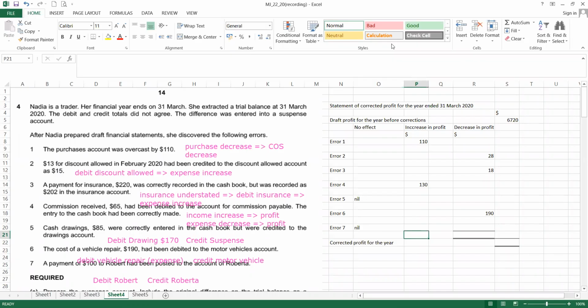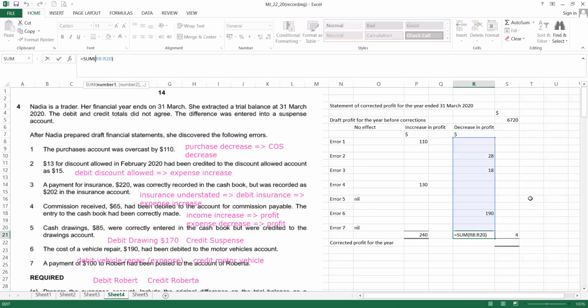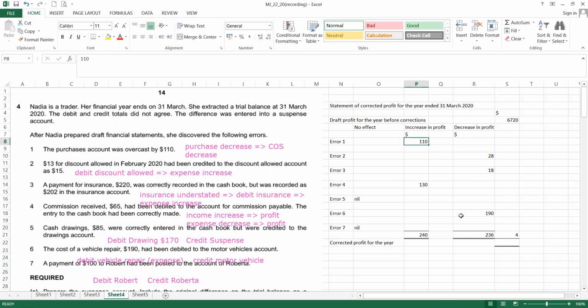So now we add the subtotal. See which one is more, which one is less. If the increase is more than the decrease, therefore our amount should be increased. Okay, let me add up, see whether the effect is correct. So here total, 240.